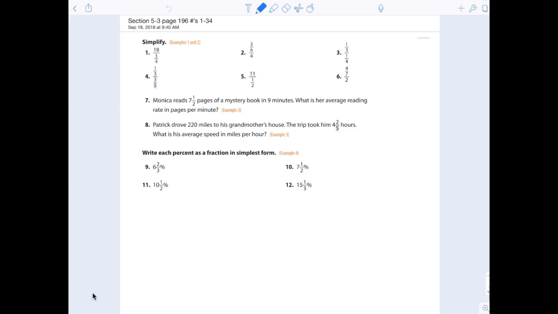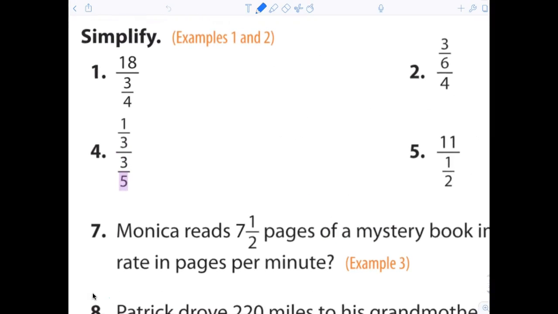Now, this is called a complex fraction. It's called a complex fraction because there's a fraction within a fraction. So what I want everybody to be able to do is write number 1 this way. I don't want you to write it as a complex fraction. I want you to write it as this. 18, thank you very much. That's a good job.